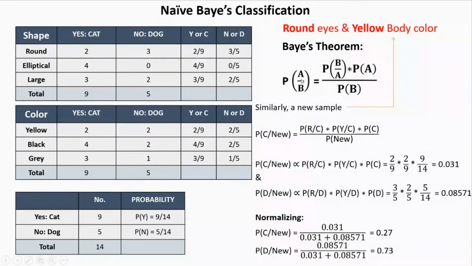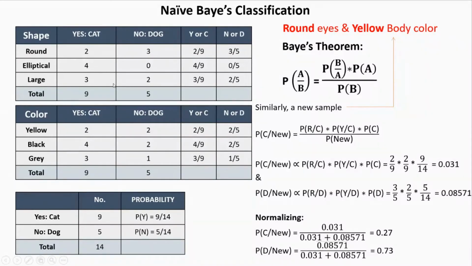So we will move ahead with the example that I've quoted here, so you can understand how we are dealing with classification using this Bayes theorem. Let us say that we take into consideration two attributes. What are those attributes? The shape of your eye, and the color of your body.